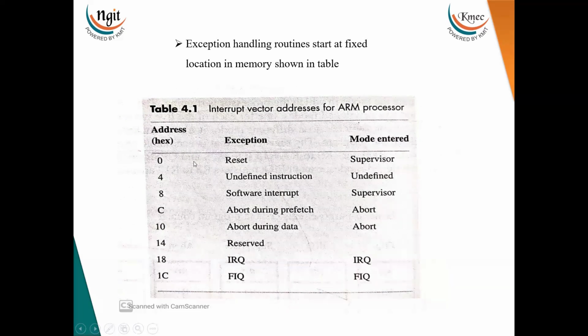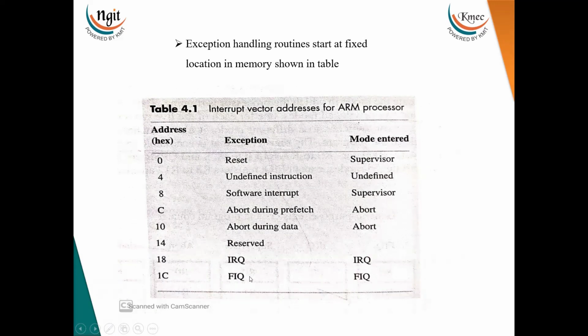By using that branch instruction, it will go to the starting address of the exception service routine of this reset. Similarly, for all of these up to the ISR, in this location a branch instruction will be there. That branch instruction will take the processor to the starting address of the ISR.